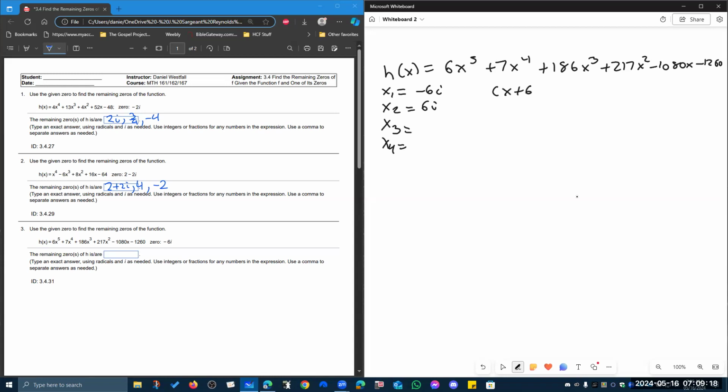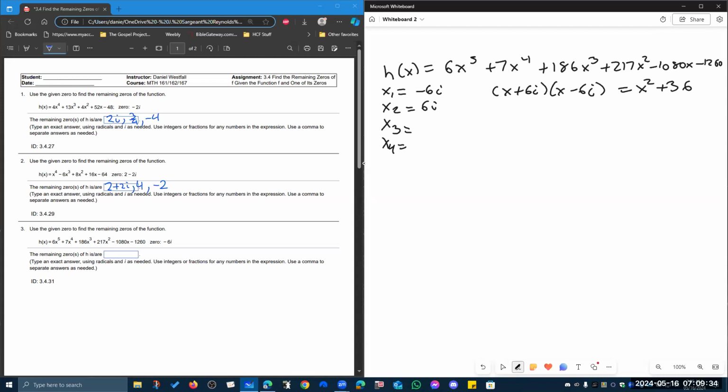X plus 6i and x minus 6i multiply to give me x squared plus 36, using that rule that we talked about earlier with a plus bi and a minus bi.